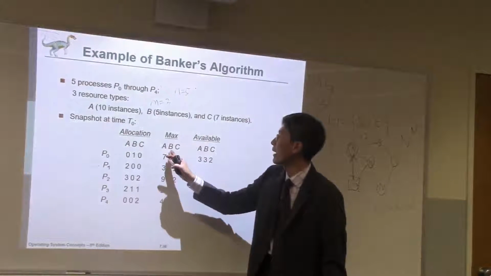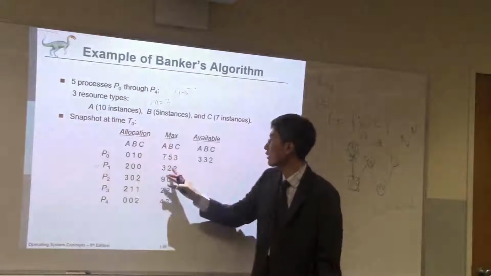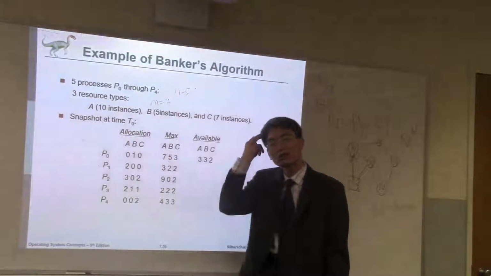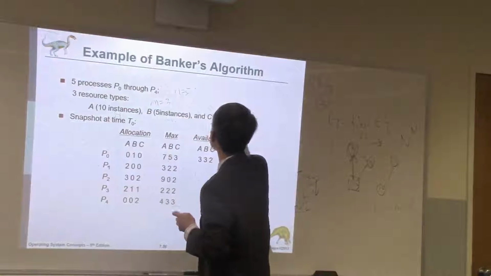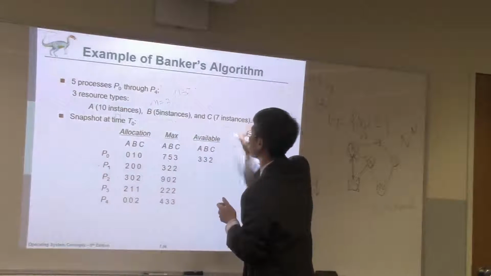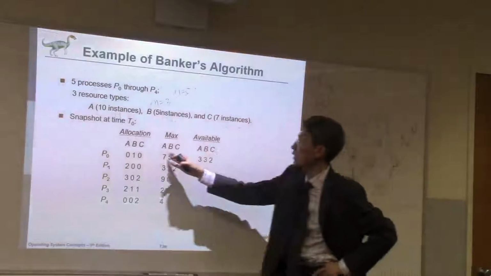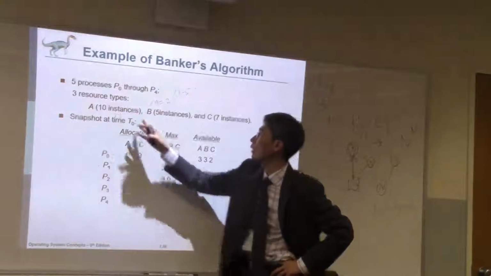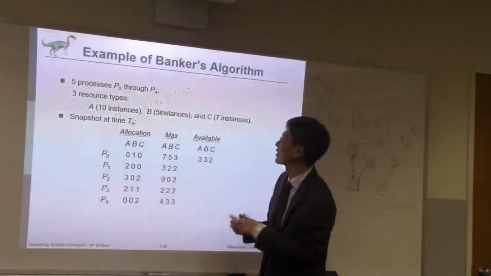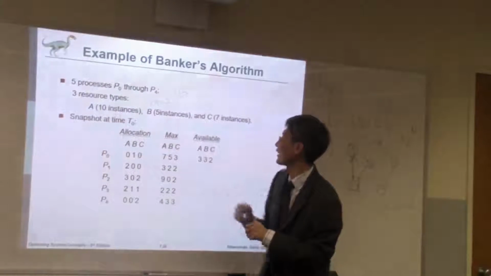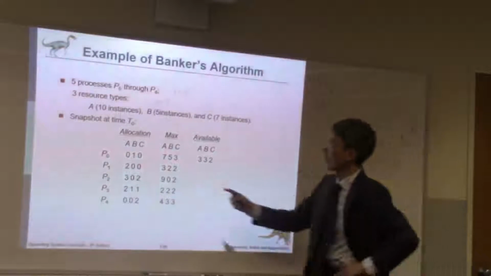P0 needs a maximum of 7 A, which is 7 hard disk drives, 5 magnetic tapes, and 3 network channels.